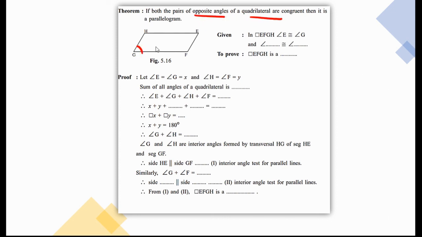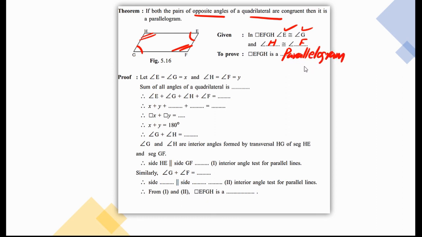What are opposite angles? These are opposite angles. ये congruent है, हमको prove करना है. So it is given that angle E is congruent to G, and we will write angle H is congruent with F. What we have to prove? We have to prove that EFGH is a parallelogram.